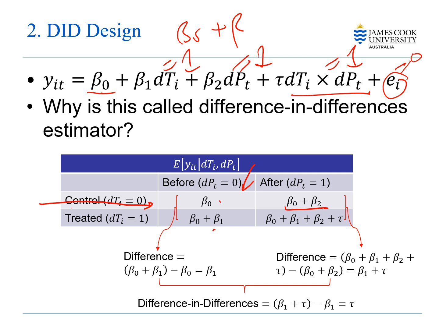Okay, so let's compare the difference before the policy. The difference of these two outcomes between the treated and control group, which is beta 1, is clearly not due to the policy, because we haven't implemented the policy yet. It's due to any other unobserved factors.